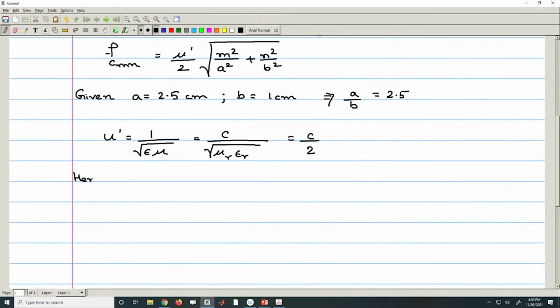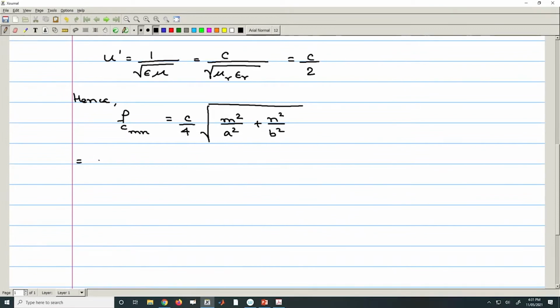Hence, we can write f_c,mn as c upon 4 root over of m square by a square plus n square by b square. That is, in place of u prime we are substituting c by 2. So, f_c,mn comes as c upon 4 root over of m square by a square plus n square by b square.